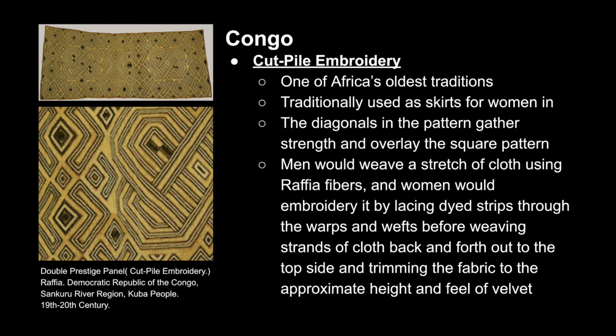After this, women would go in and embroider these fibers by lacing in dyed strips throughout the warps and wefts of the loom, and then they weave in strands of cloth back and forth out of the top side. These exposed fibers are actually trimmed to the approximate height and feel of velvet, giving it a similar look and texture.